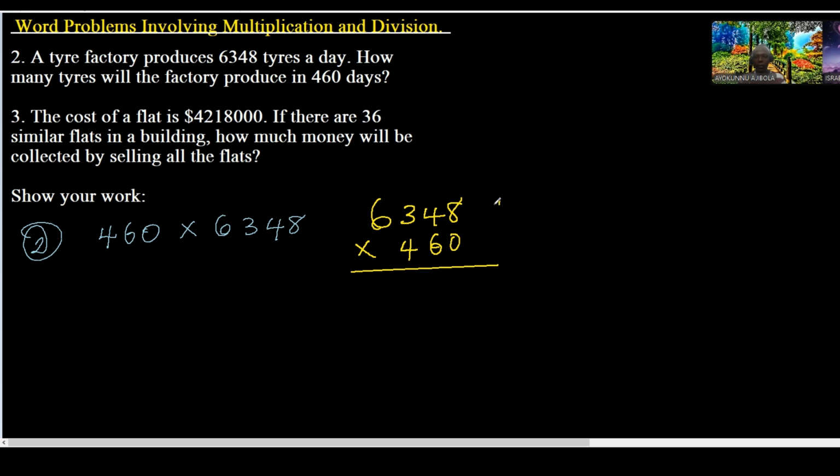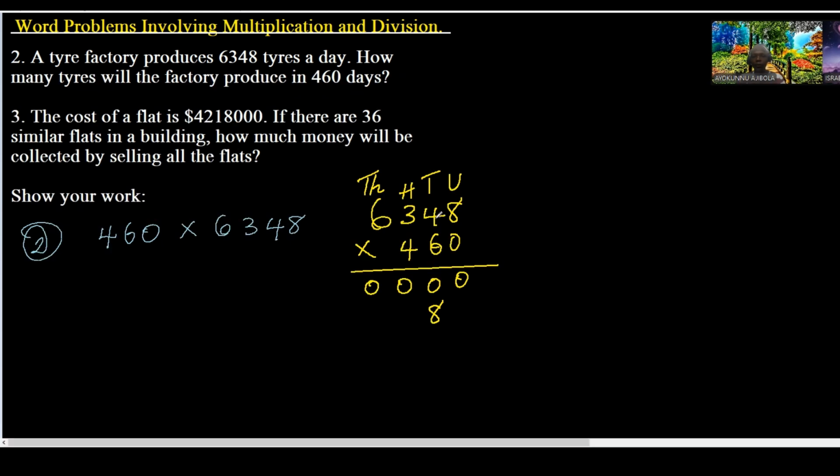So 0 times 8 is 0, 0 times 4, 0 times 3, and 0 times 6. I started at the units because this is units, tens, hundreds, and thousands. So I'm at the tens now, so any answer I get will start from under the tens. 6 times 8 is 48, I write 8 and keep 4.